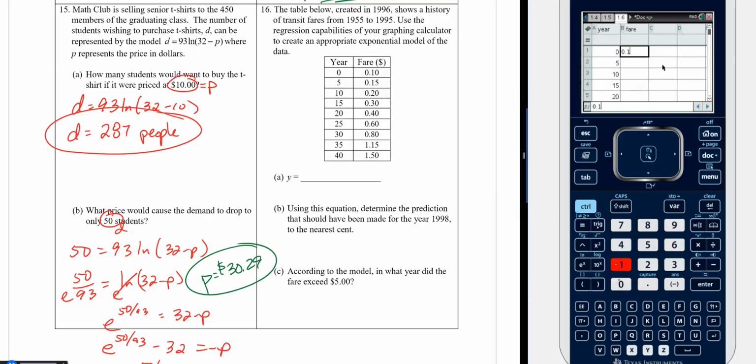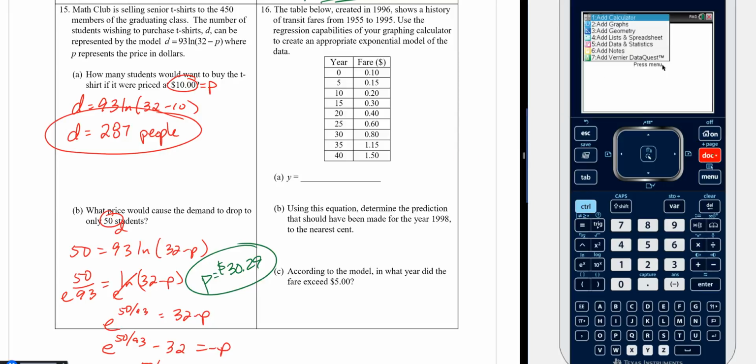And we've got 0.10, 0.15, 0.20, 0.3, 0.4, 0.6, 0.8. So there's my table. Now we're going to go Control Doc to create a new page.